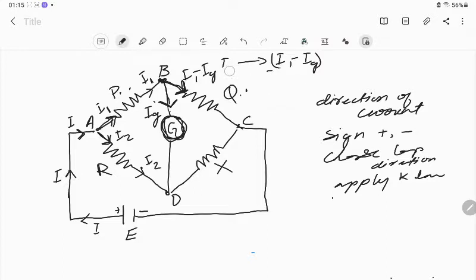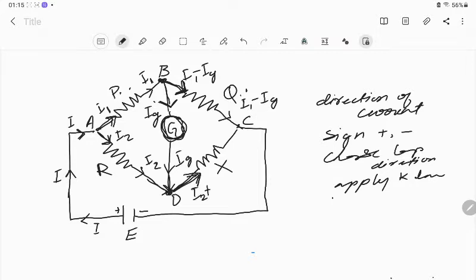So here also I1 minus Ig. Ig is coming in this side, and here I2. Now at this side, how much current will flow? I2 is coming in this side, and Ig is also coming in this side. So at this point, the total I2 plus Ig will flow this side.